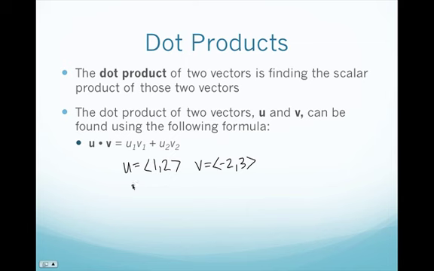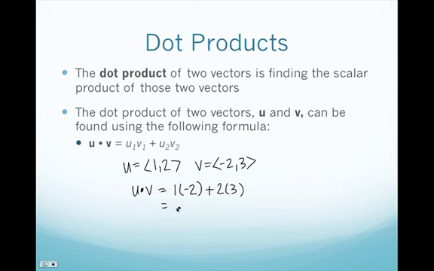The dot product of vector u and vector v would then equal 1 times -2, that's our u1 times v1, plus 2 times 3, which is our u2 times v2.